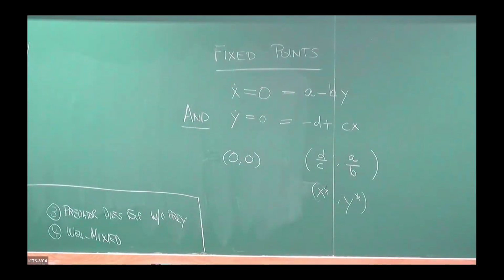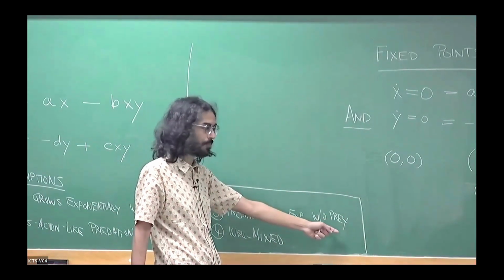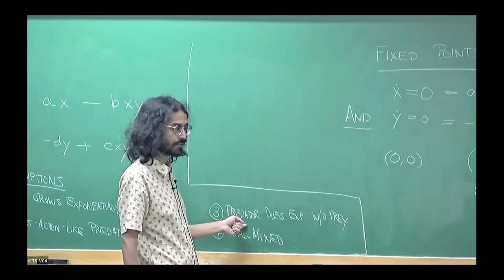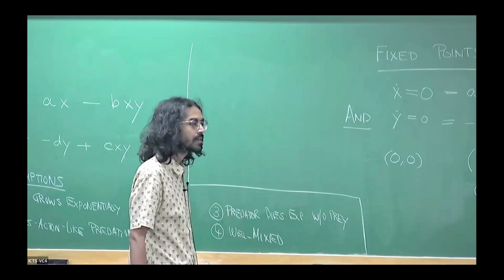Like if you took either x or y to be 0, then the other one automatically follows. Right. Because x equals 0 means no prey, and in the absence of prey, the predator dies exponentially. So y is 0. Yes.